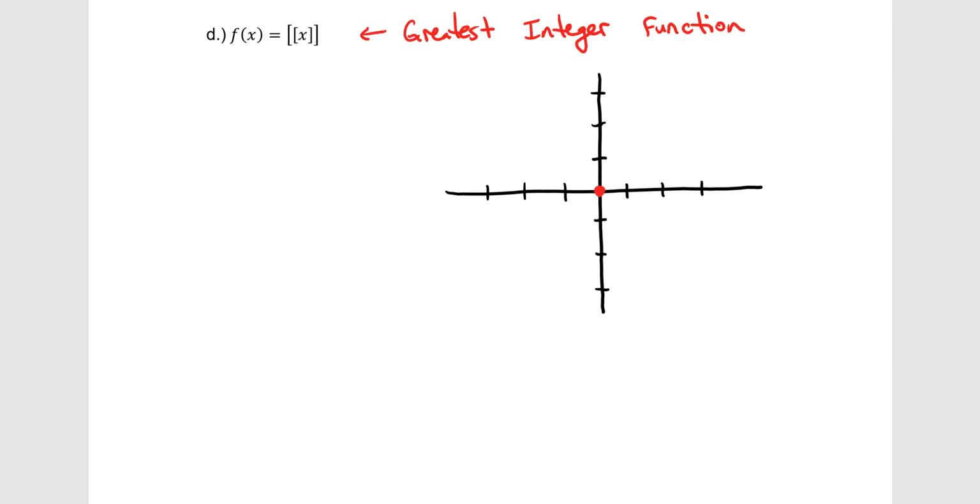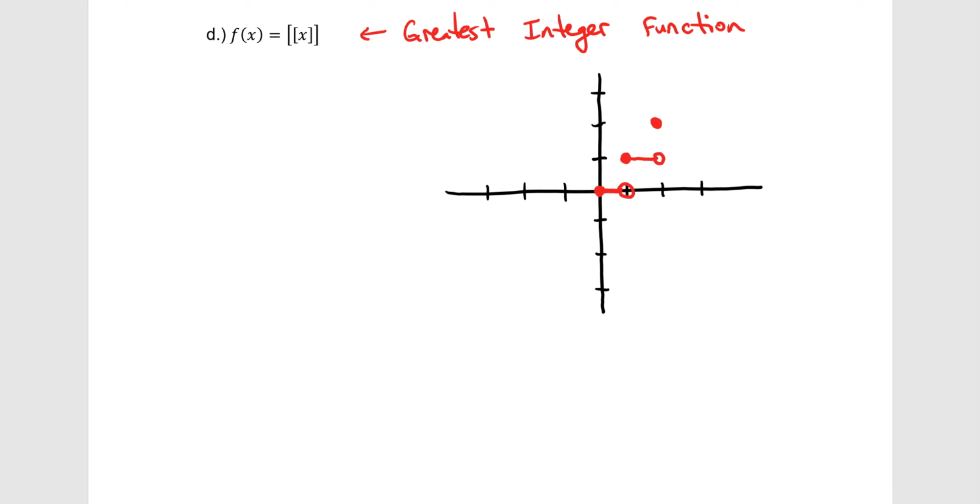And between 0 and 1, the function equals 0, but at 1, there's an open circle, and then it jumps to the next integer. So it jumps up here, hence the name greatest integer, and then horizontal again, open circle, and then it does it again.